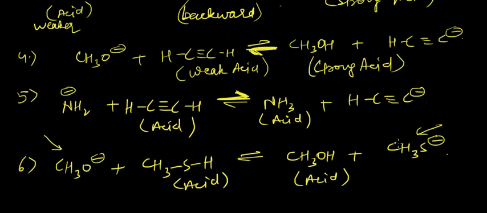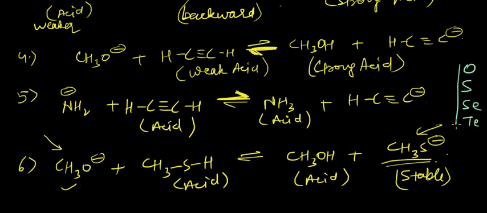So this would be a more stable conjugate base than this one, as we looked at in the previous lecture that as we go down a group, the negative charge on atoms with bigger sizes is more stable, hence this is more stable. If this is more stable, its conjugate acid would be stronger, hence this would be stronger, hence this reaction moves in forward direction.